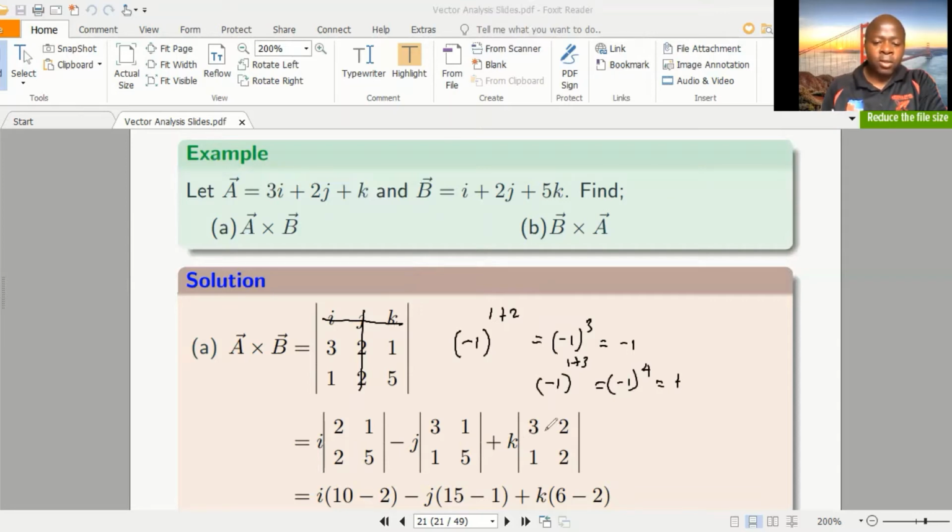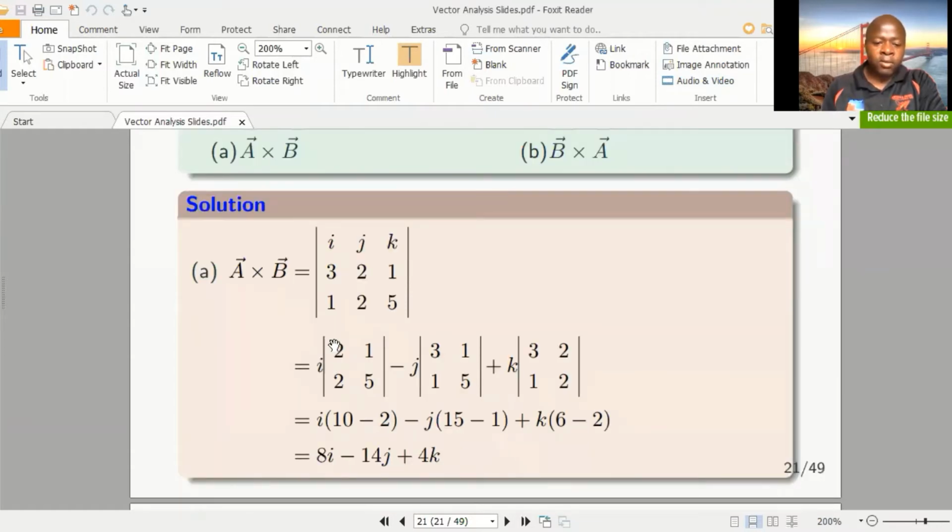And what about this matrix? This is the matrix that remains when you delete the row of K and the column of K. You're left with 3, 2, 1, 2. Now, what this means is that we get the determinant of these matrices and multiply by I, the determinant of this matrix multiplied by negative J, the determinant of this matrix multiplied by positive K. So let's just do that.